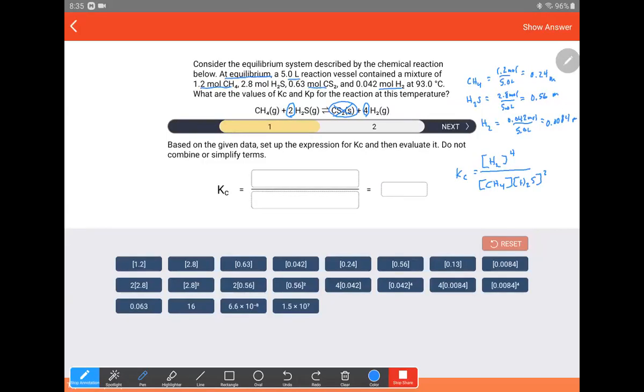First thing I'm going to do is H2 on the top, so 0.0084. And that is going to be to the 4th. And then I have 0.24 on the bottom, and also 0.56 squared.